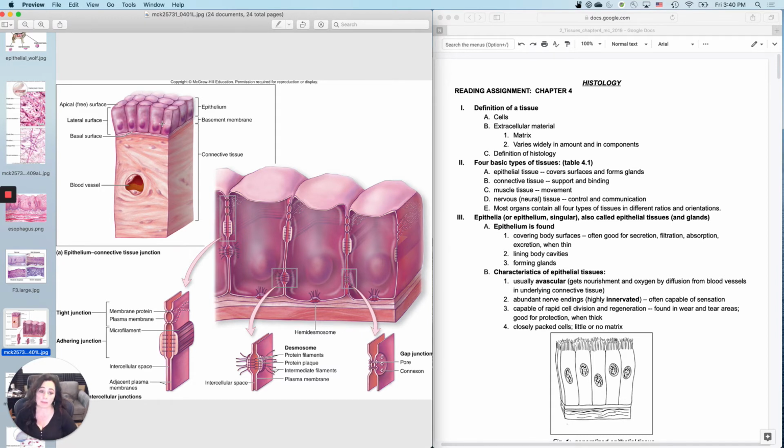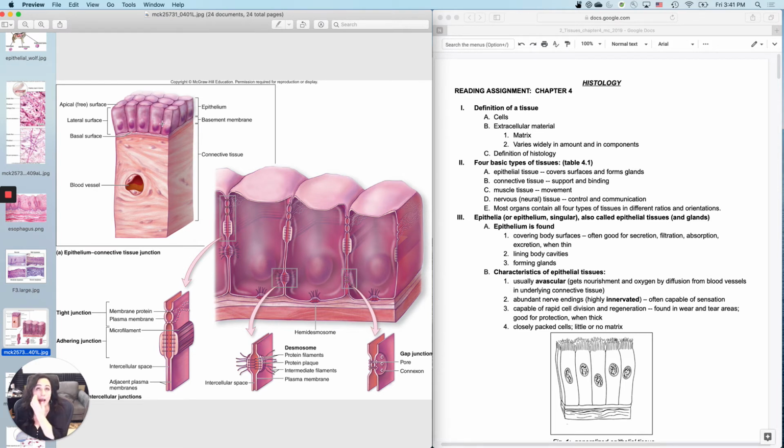So the fact that it has a predisposition to rapid cell division and regeneration is good for repair and regeneration, and also potentially problematic, because tissues that rapidly divide also have a higher statistical likelihood of getting cancer, because cancer is simply losing control of your cell division cycle. And that is very likely to happen in tissues that already divide very frequently.